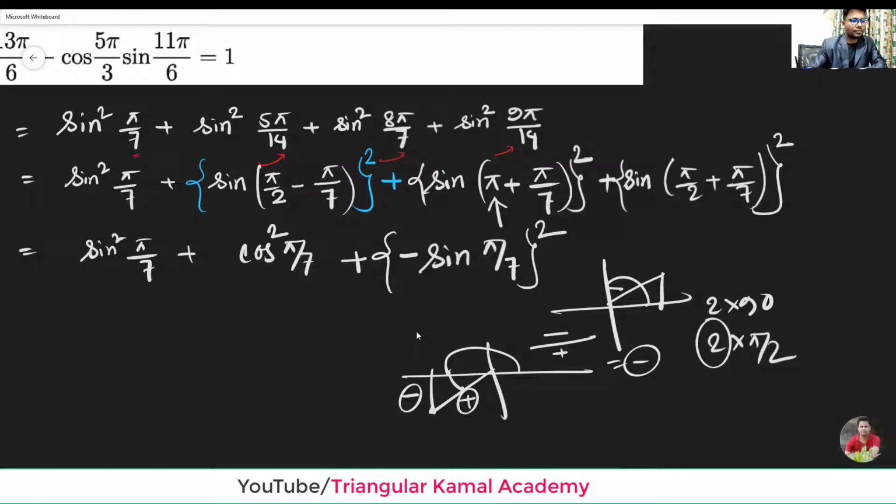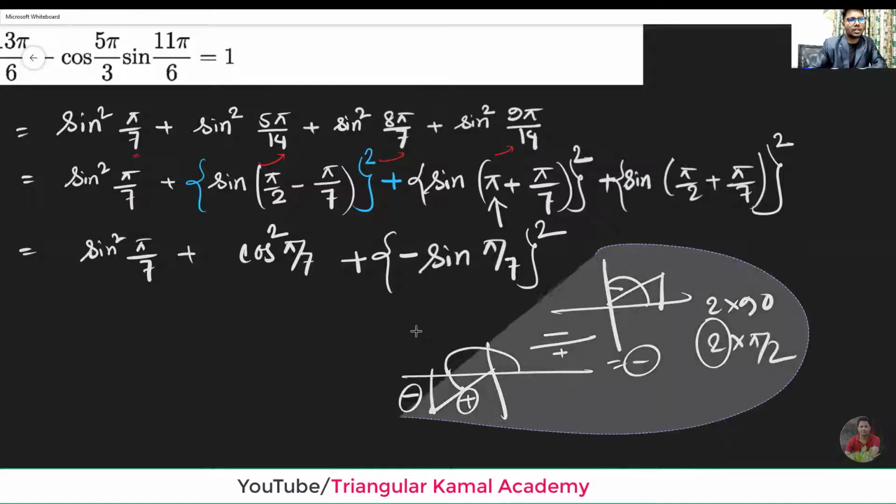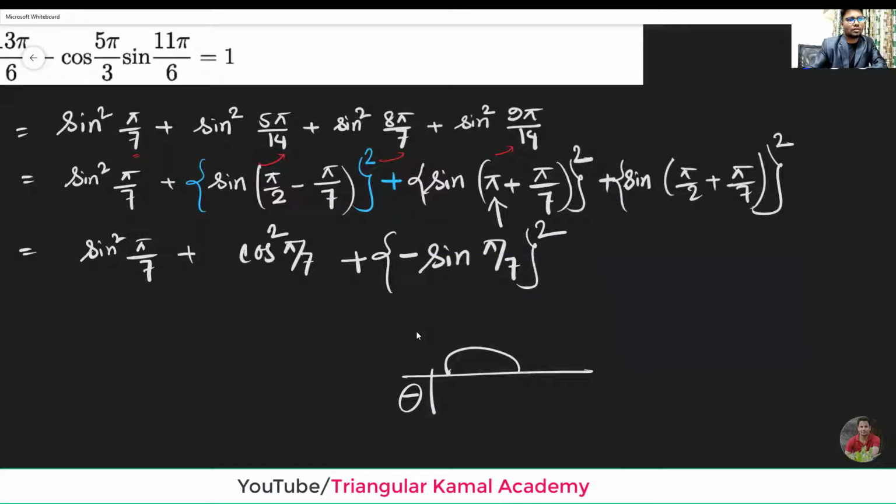So now finally the last part. If we give the next one, sin of 90 degree plus theta, that means 90 means 1 time, invisible 1, so this one will be cos pi by 7. 90 plus something means second quadrant.